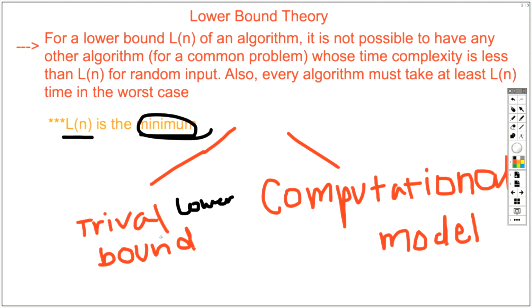Trivial lower bound, I should add lower right there, is where we compare the number of inputs given to the output given.